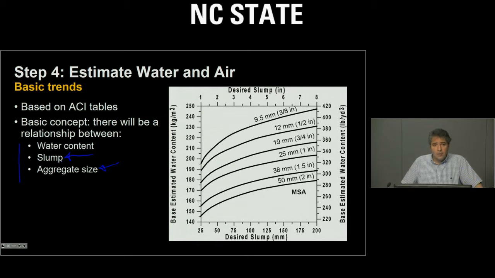Now, we want to estimate the water and air, and ACI provides tables for this, and this graph on the right over here is made based on those tables by ACI, and I will talk a little bit more about this graph in a few slides.